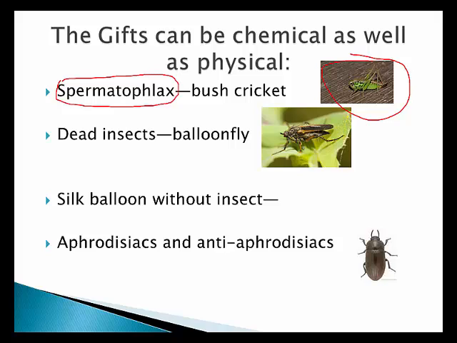And the wrapping of the dead insect in silk may serve two purposes. First, it's harder to eat the insects inside of the wrap because you have to remove the sticky silk strands, and this means that the female can't just eat the present and run away. She's got to stick around to unwrap it, and this increases the chances that the male can mate with her.